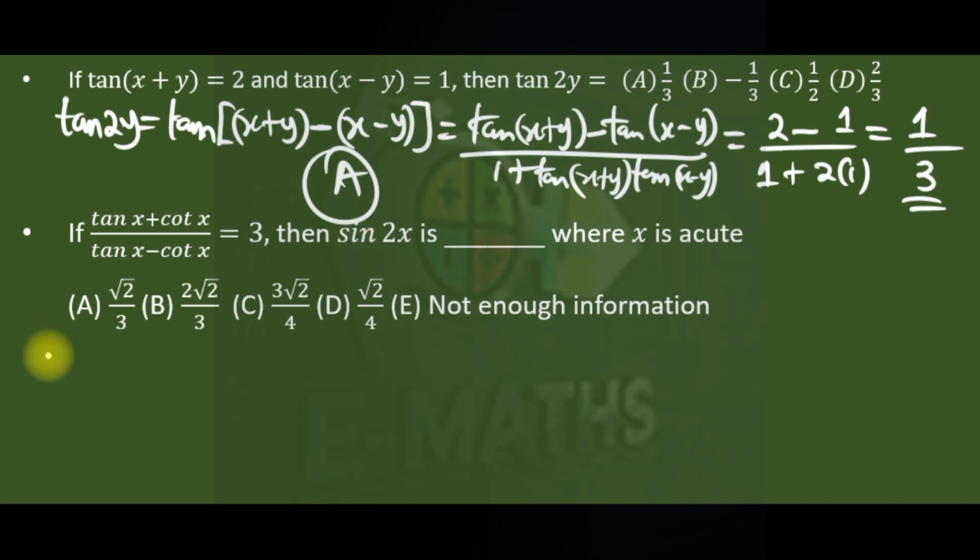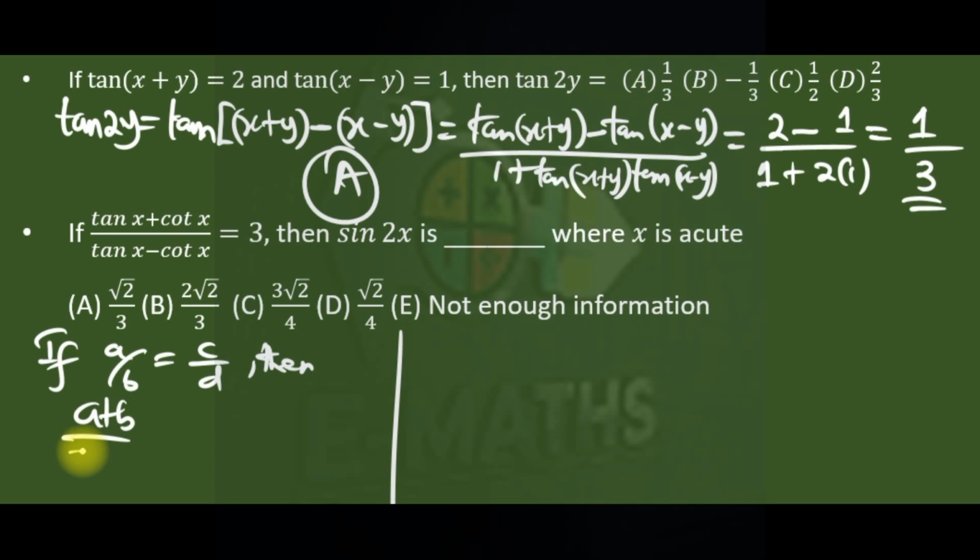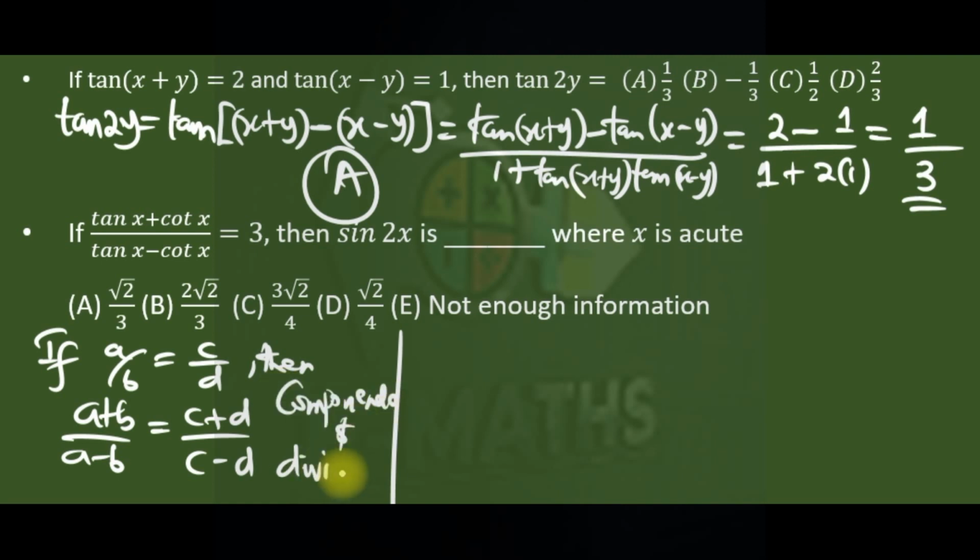Componendo and dividendo says that if you have A over B is C over D, then A plus B over A minus B is the same thing as C plus D over C minus D. So you can prove it. It's a formula in ratio.